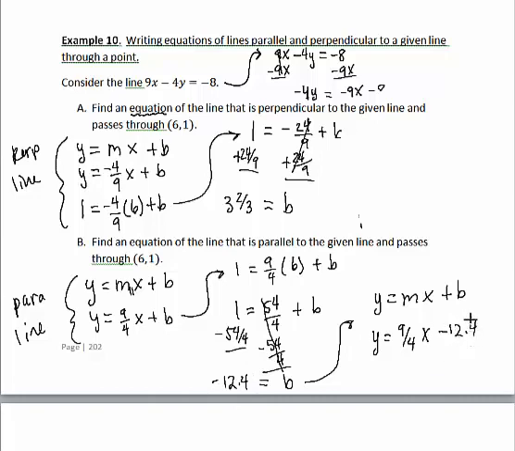And like I said, this one is different than the one that we found in part A. Okay, so whenever they say that you want a parallel line, a different slope, but still pass through the same point, you have to work through the entire procedure again.